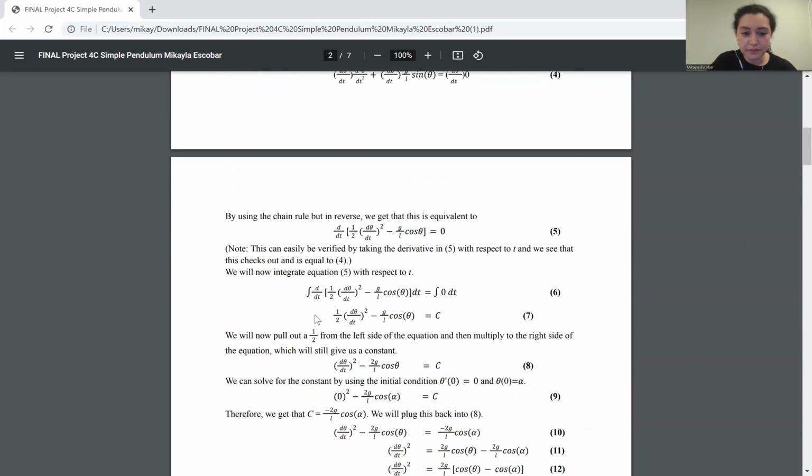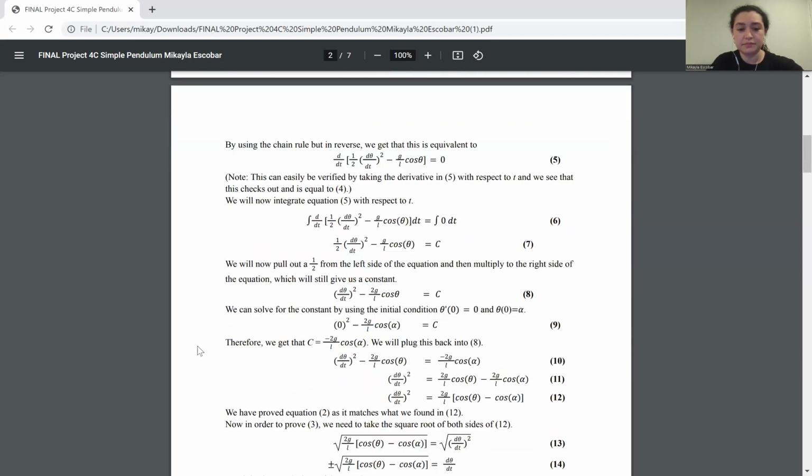So once you do that, you're going to be able to take the integral of equation 5, which we have down here. You take the integral with respect to t, and on the left side you're going to be left with 1/2 d theta over dt squared minus g over L times cosine of theta. And on the right-hand side, when you integrate 0, you're just going to be left with a constant because the derivative of any constant is just 0.